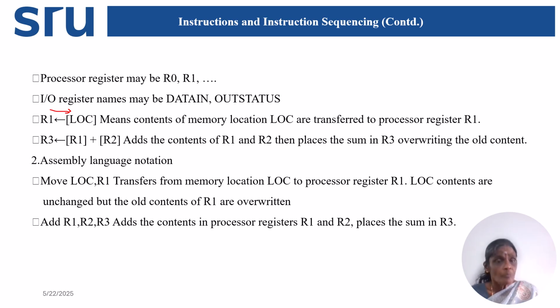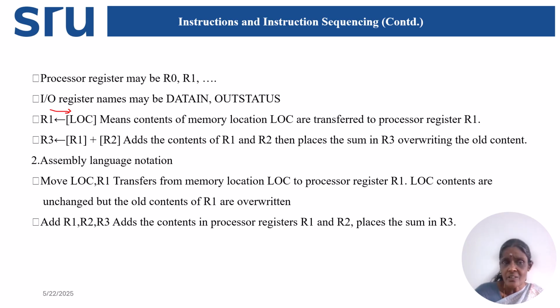So here we have location to R1. We have to read it as: the data is transferred from memory location to processor register. That is, the contents of the memory location are transferred to processor register R1. This is the meaning.